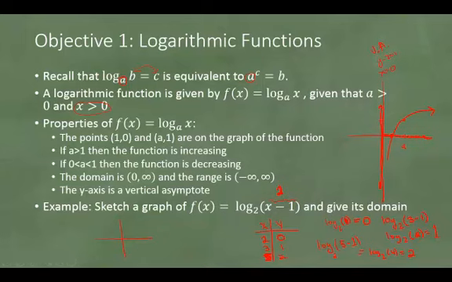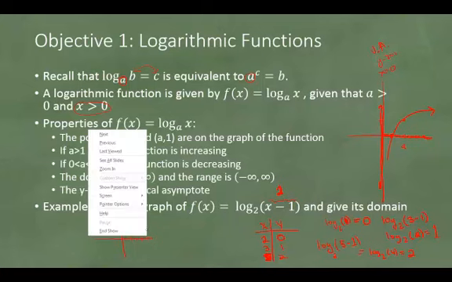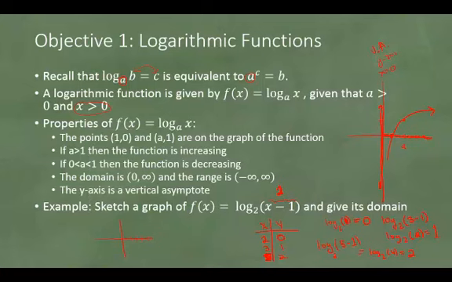So there we're going to have 1, 2, 3, 4, 5. And we're looking at 2, 3, and 5. 2 comma 0 is on the graph. 3 comma 1. And 5 comma 2.